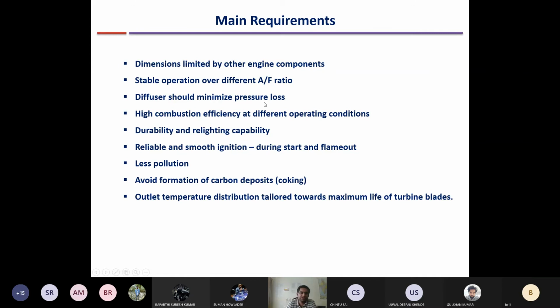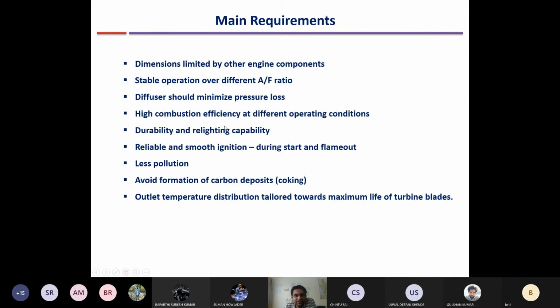Velocity has to be reduced to sustain the flame, which we have discussed, otherwise the flame will go out with the flow. But we cannot induce too much turbulence to reduce the velocity because it will lead to large pressure loss. We should also have high combustion efficiency at different operating conditions, and these are other standard points.